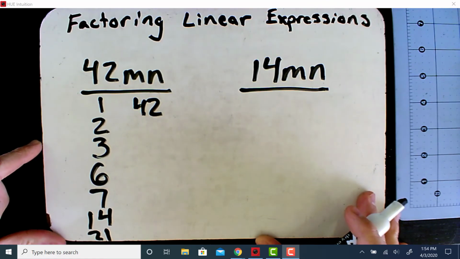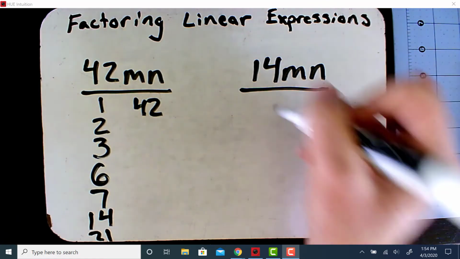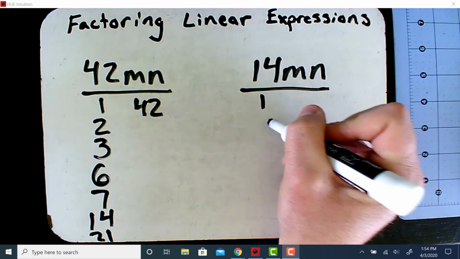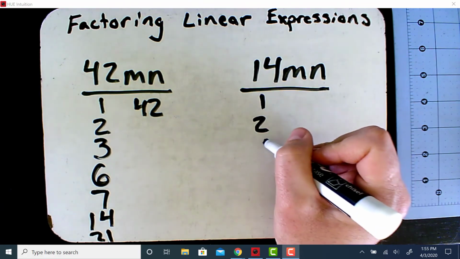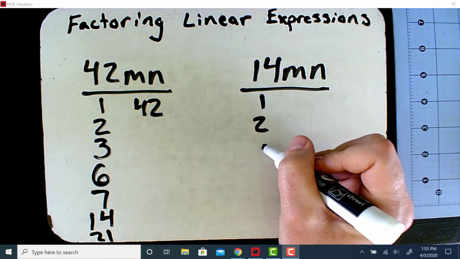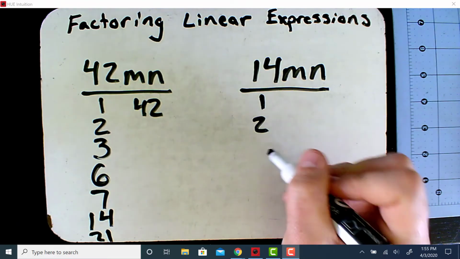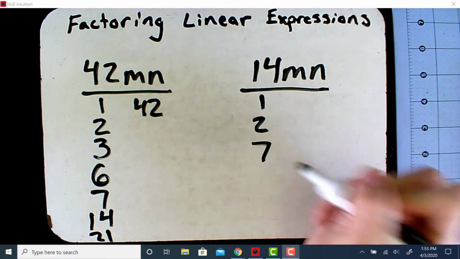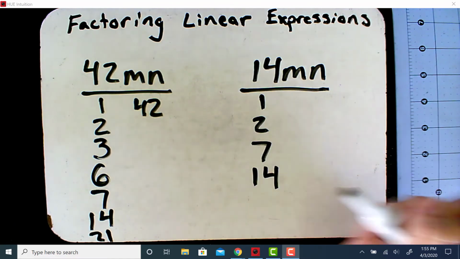Oh, sorry, cut off a little bit of my bottom number. There we go. And now we've got 14. Well, we've got 1 is a factor, 2 is a factor, 3 is not, 4 is not, 5 is not, 6 is not, 7, yes, and 14.